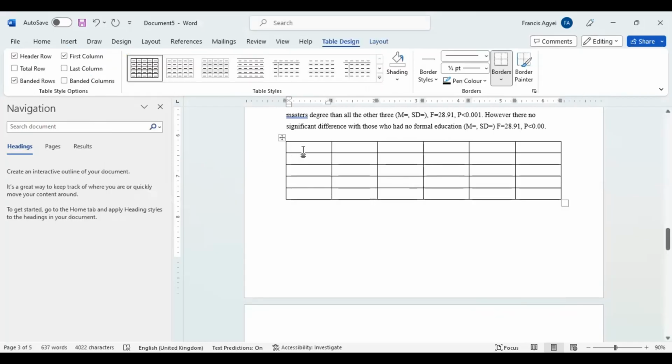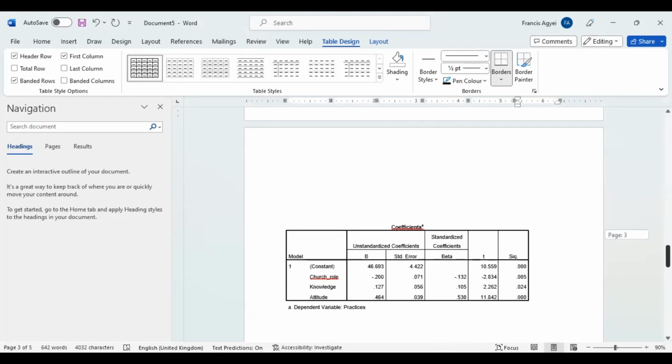Okay, so let's put our B here, B, S.E., we have beta, the T, and then P. So these are the things.